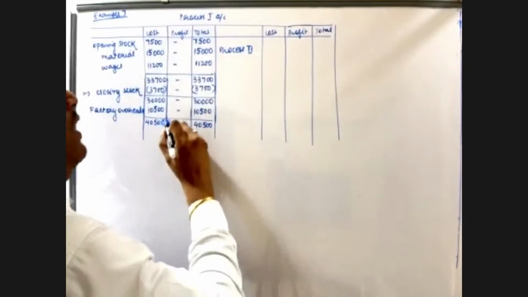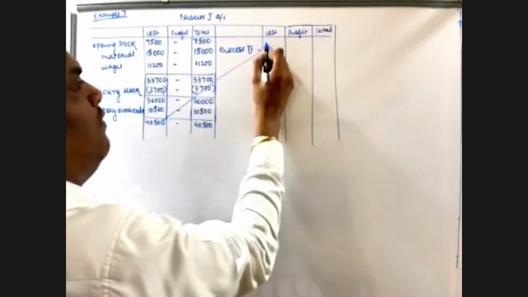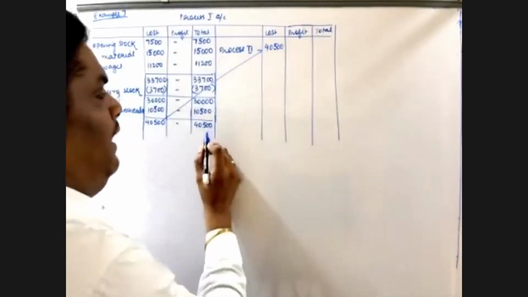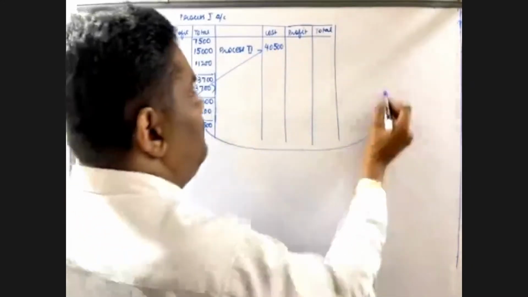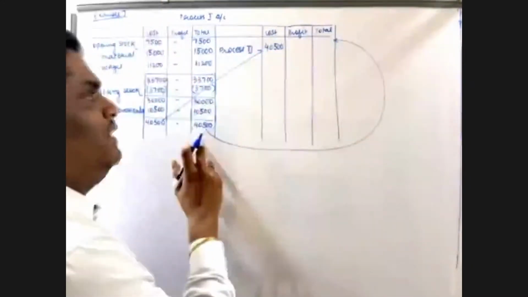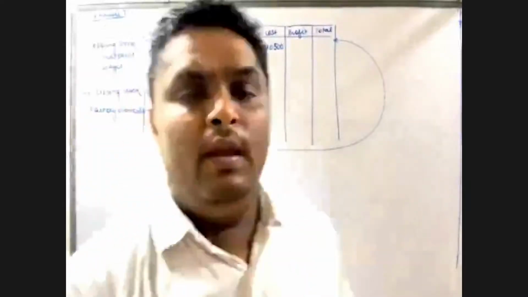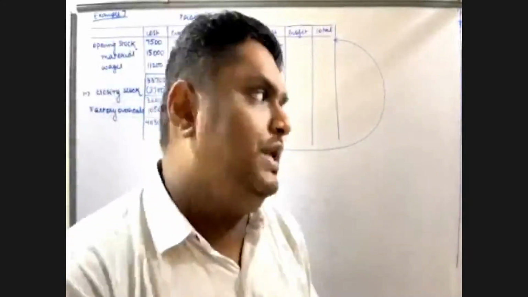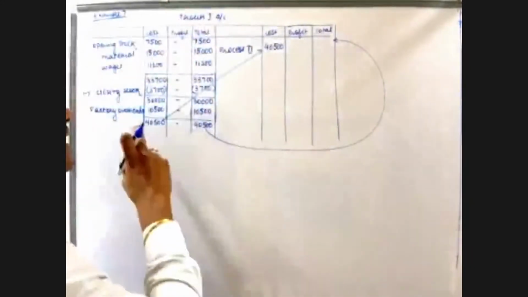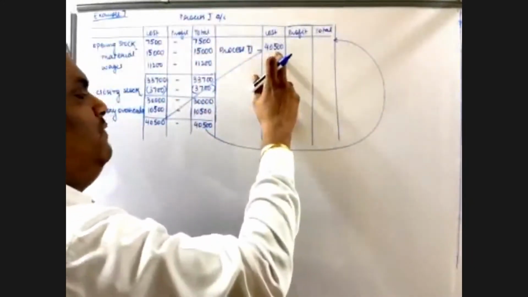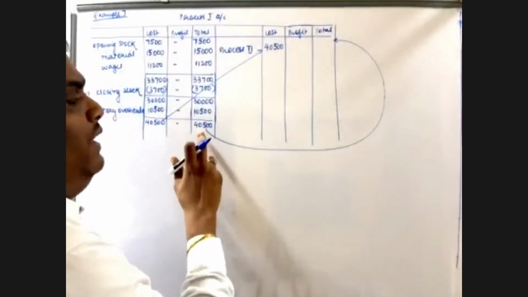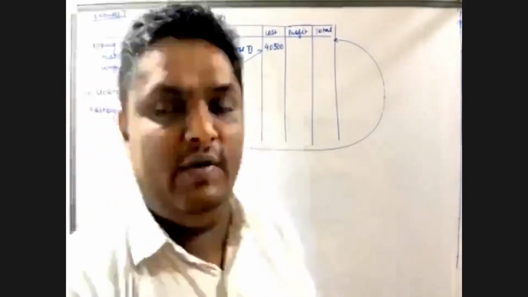This cost column will go as it is, 40,500. And this profit element will be calculated using this figure, that is 40,500. These figures will be different in the process second account, so that's why I'm mentioning this part clearly. This 40,500 will be transferred from this point, and the profit will be calculated on this 40,500.